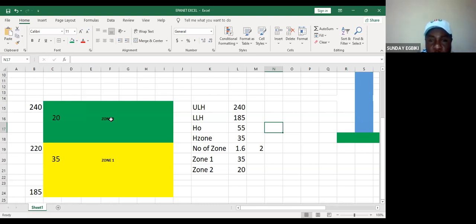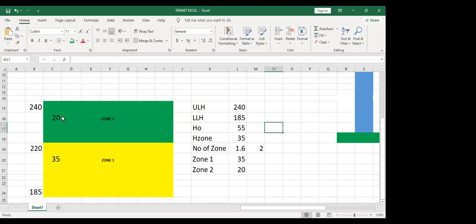Zone 1 will first of all take the whole full pressure, the full height of zone, which is 35. The remaining one, which is 55 minus 35, 20, is this 20. Okay, thank you, sir. Is it correct? Are you okay now? Yes, sir. Thank you, sir.